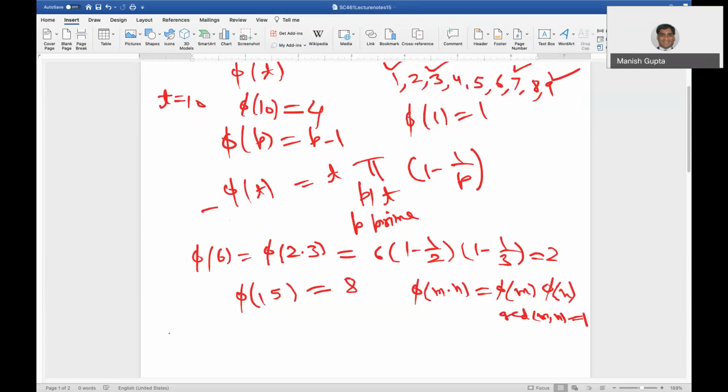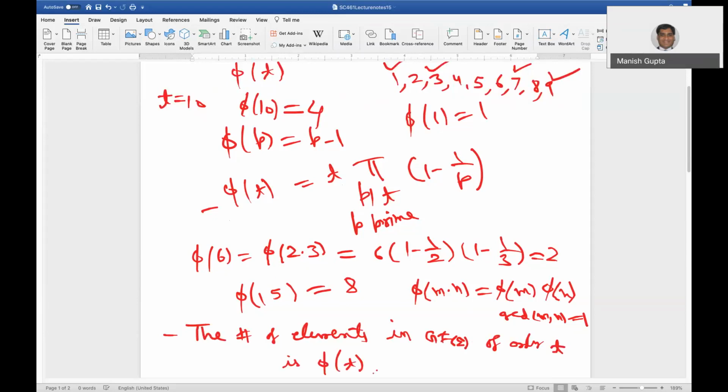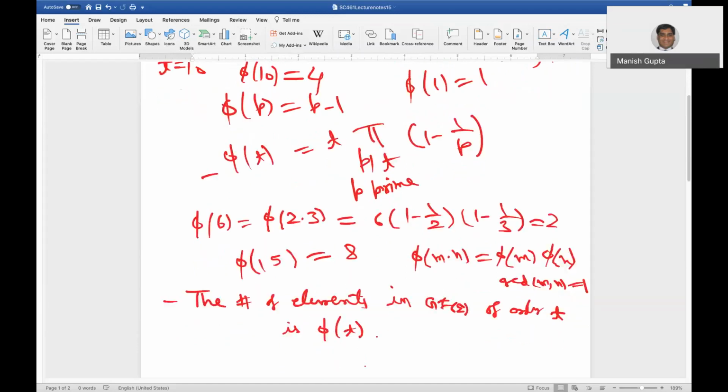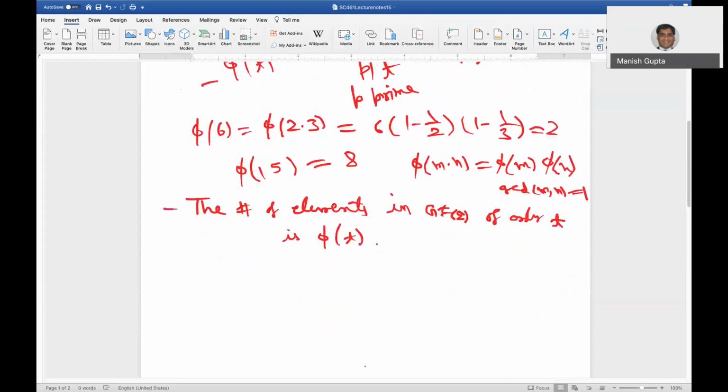Then the number of elements in GF(q) of order t is phi of t. This is a nice formula. Let us take another example.